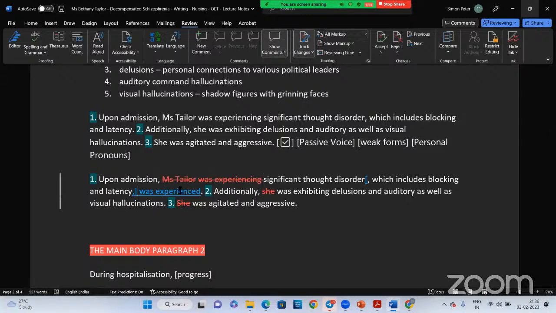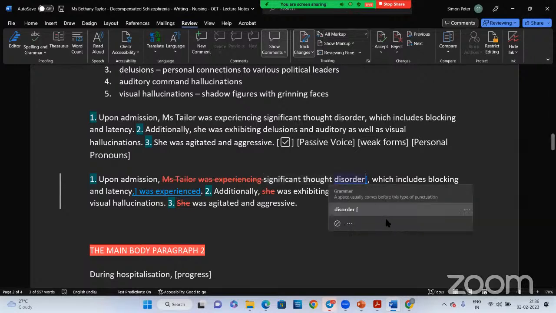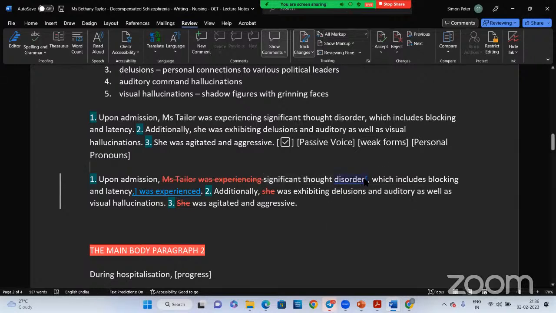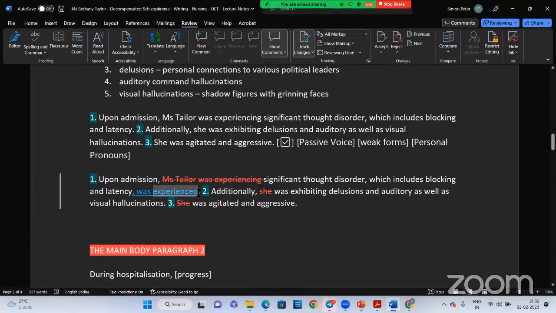The subject is significant thought disorder, and this thought disorder is related to blocking and latency. We are not saying blocking and latency were experienced. We are not talking about blocking and latency; they are only examples. The experience is related not to blocking and latency but to thought disorder. Significant thought disorder was experienced.